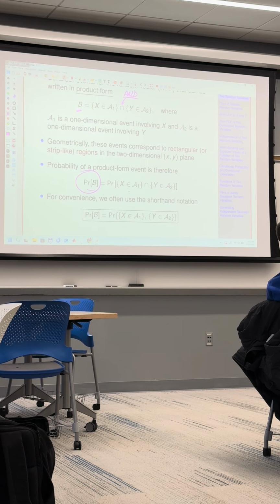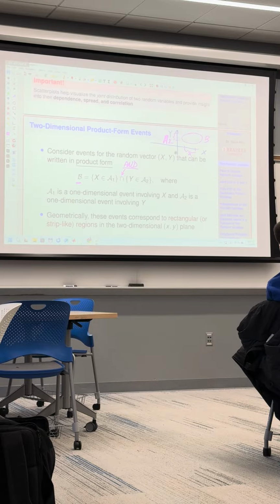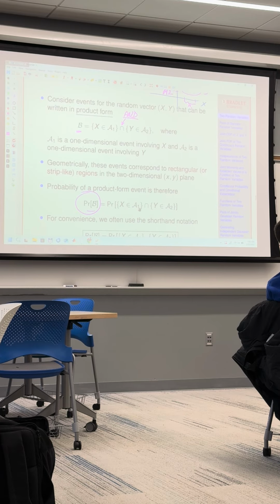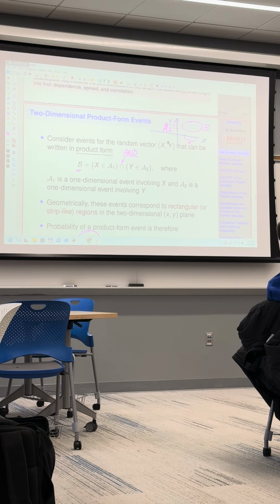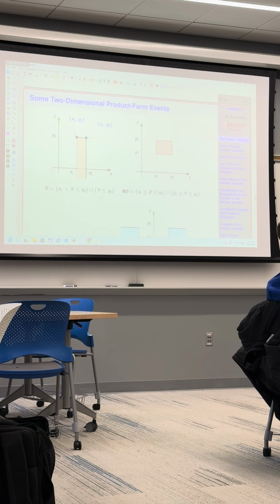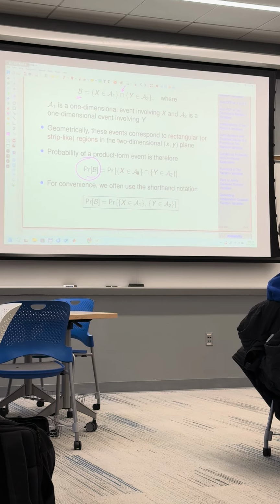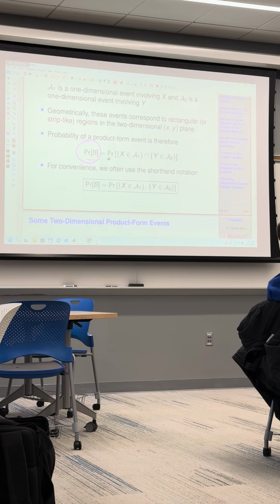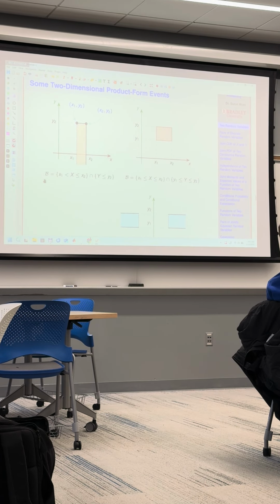So what is the probability that a random variable x can take any value from this range on the x-axis, and the keyword is and here, and random variable y can take any value from here. So we have that, and I tried to visually draw this event B. This is event B, x1 less than x less than or equal to x2.